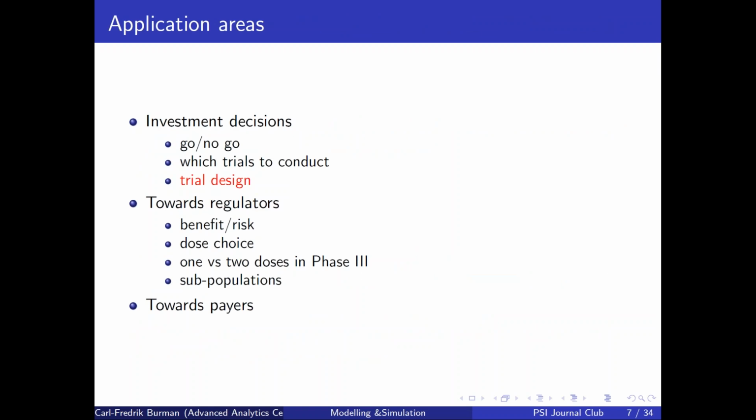There are a lot of different application areas, and to me this is very much about investment decisions internally. The most standard thing, which many pharmaceutical statisticians are working with routinely, is trial design. How should we design trials?